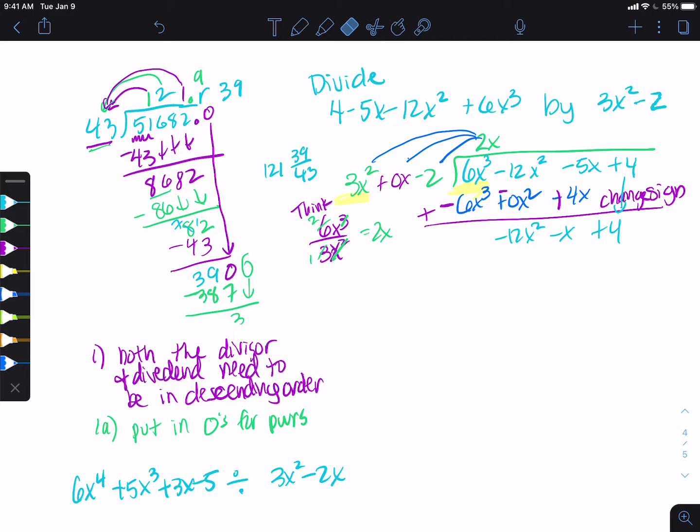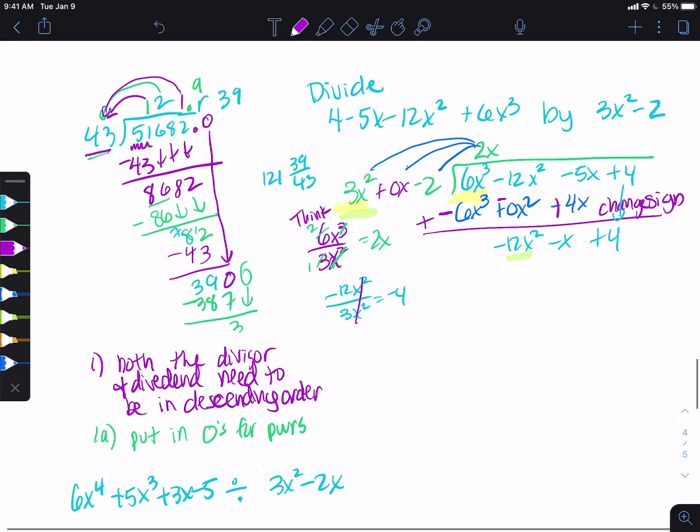So then all you're doing is repeating that same process that we just did. So now I'm going to look at this first term divided by this first term. So off to the side, we're really thinking negative 12x squared divided by 3x squared. Well, that gives us negative 4 because the x squareds cancel, right?